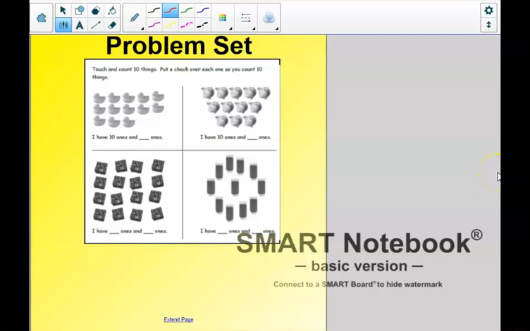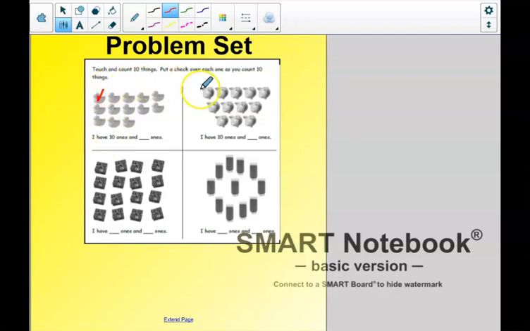Okay. So for your practice today, you are going to do this worksheet. And then I have a really fun activity you can do as well. What you're going to do for this sheet is you are going to touch and count 10 things. And as you count them, they want you to put a little check mark over them.